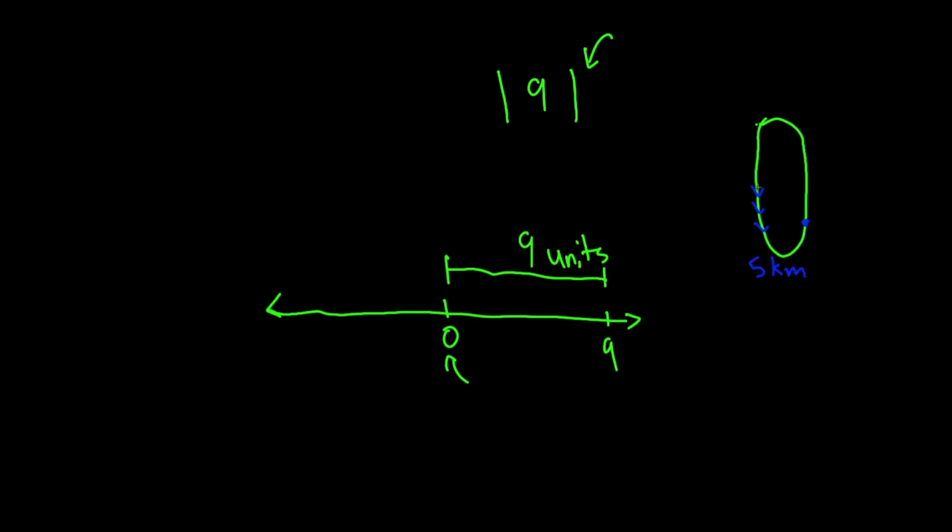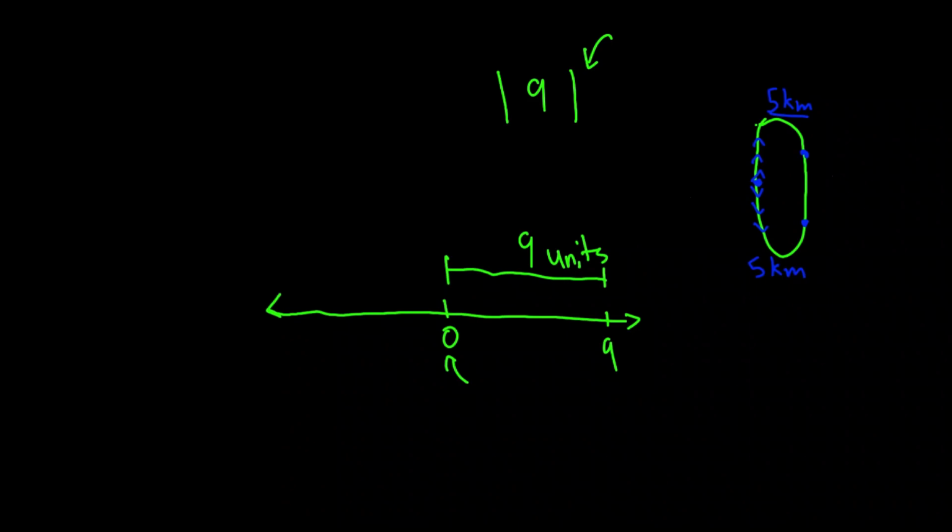If you run backwards on the track, and you go here, that's still 5 kilometers. There should be some moment of realization there. Even if you're going backwards, forwards, sideways, you have a distance that you have traveled. So what absolute value does, it just gives the positive distance in units.